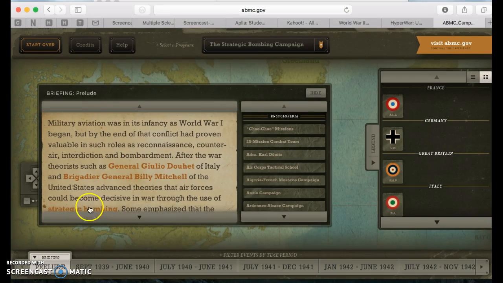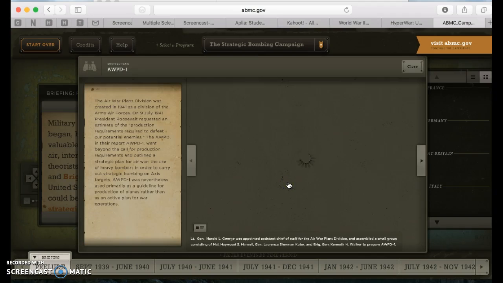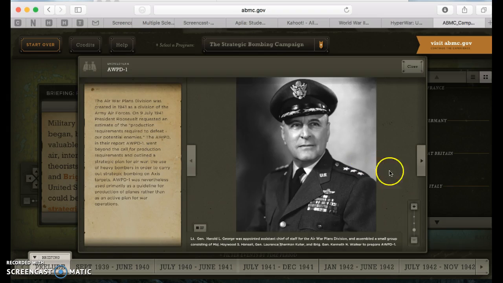After the video, a half box will appear with a blurb on the left and an encyclopedia on the right. Please scroll through the encyclopedia if you are unsure of certain vocabulary terms or people. A photo and paragraph will be provided when clicking on the various terms, as you can see here.